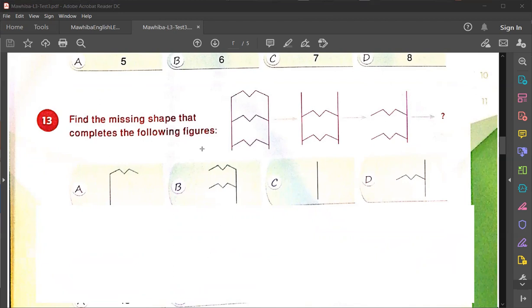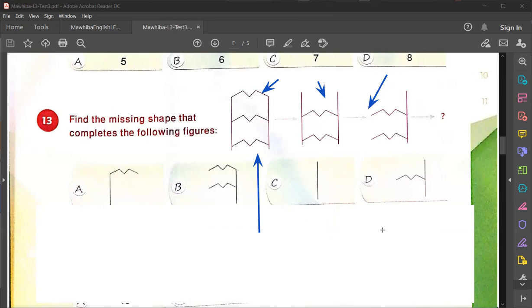What is the missing? Find the missing shape here. Because you have a line, here you have 3 lines, right? You have 3 lines inside or 5, and remove 1 line or 2 lines, sorry, here, and also remove another line.